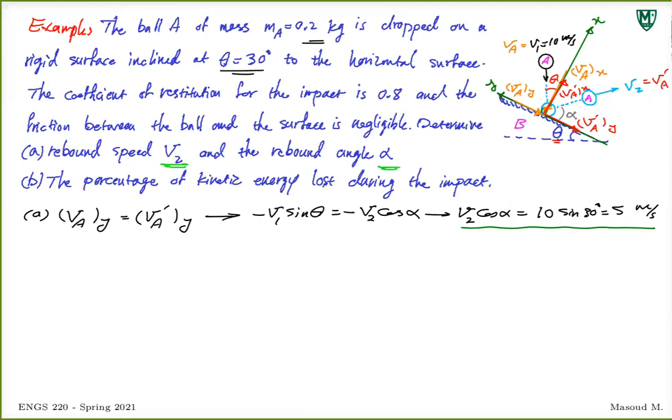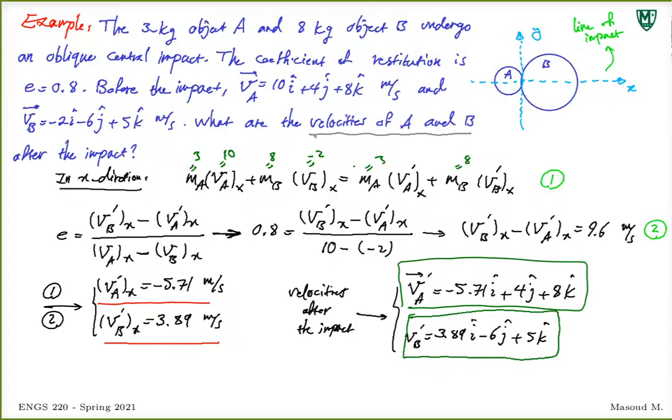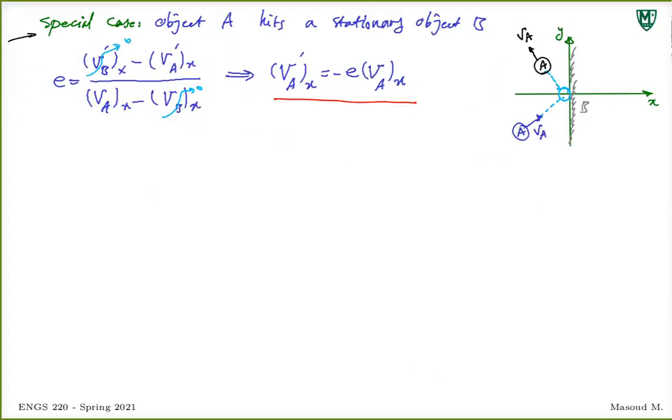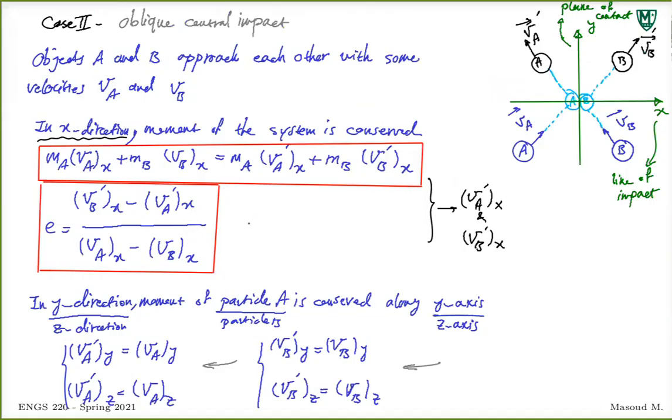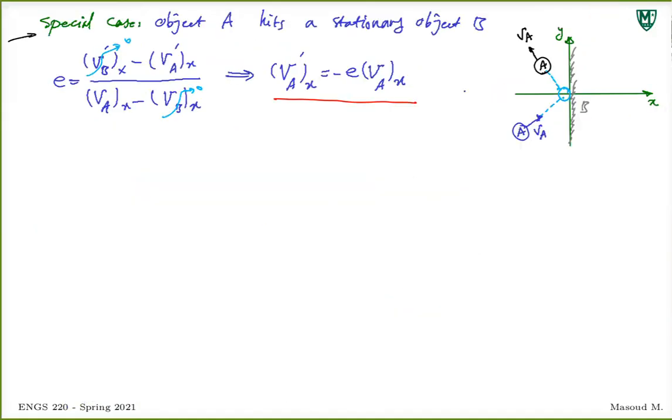Now we have an oblique impact with some given coefficient of restitution, where one object is fixed. This is the general case, the equation we have; this is the special case, the relationship between velocities and coefficient of restitution.